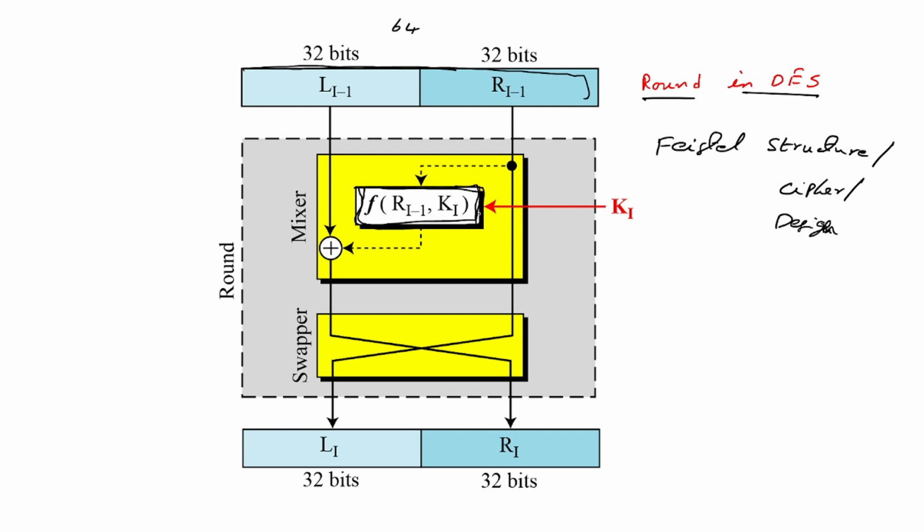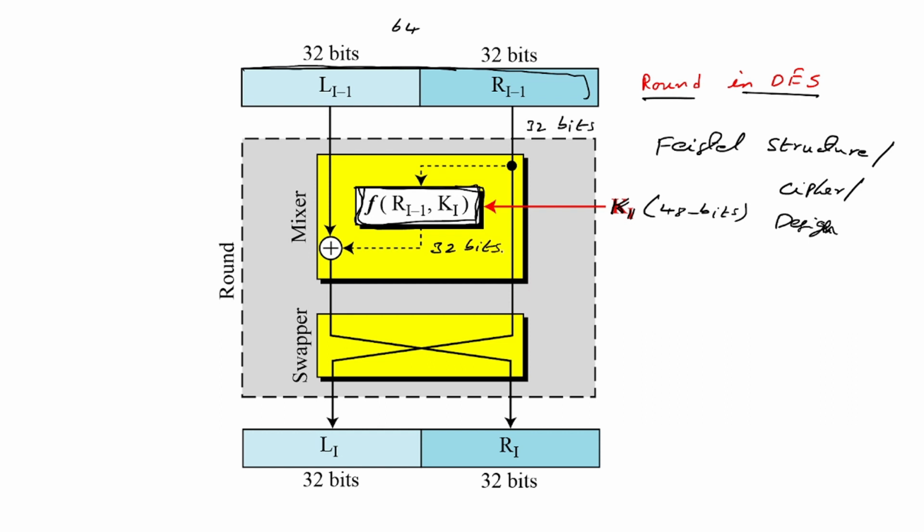This is the main part of DES. The heart of DES is the function. To this function we give two inputs, the right half and the round key. The round key size is 48 bits, and the right half is 32 bits.